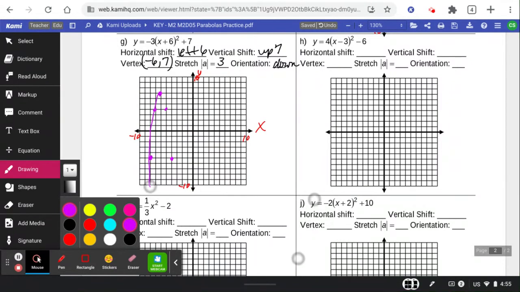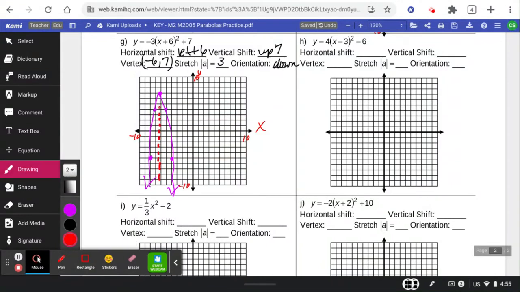Connect that graph. Skinny graph, drawing that line of symmetry. That line of symmetry goes straight through x equals -6.